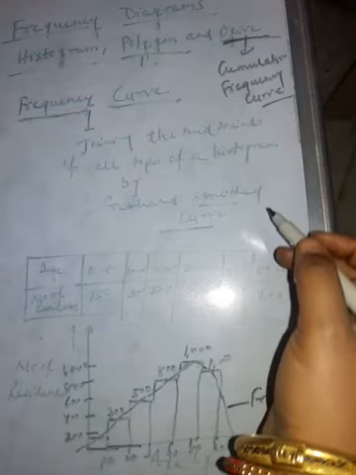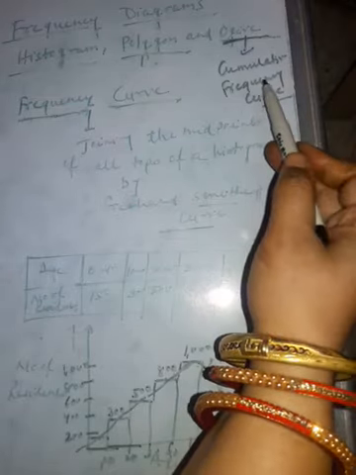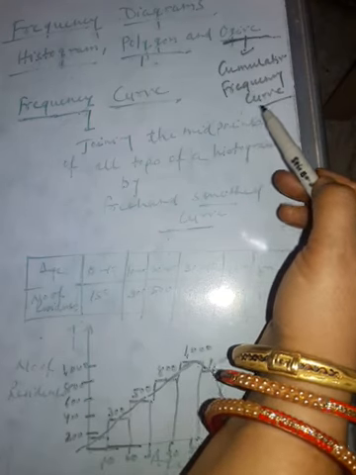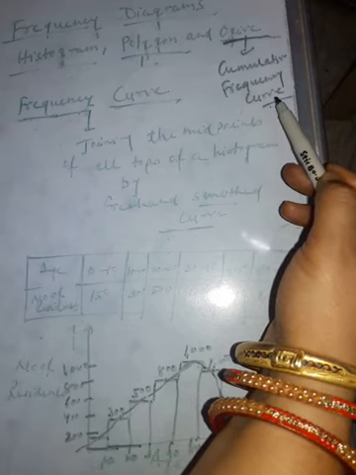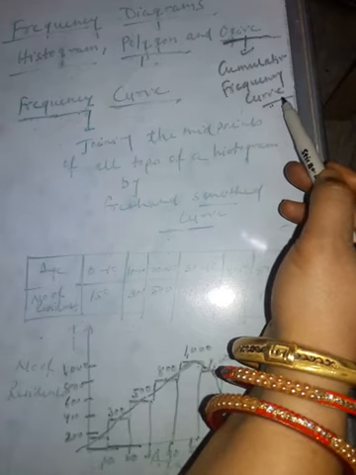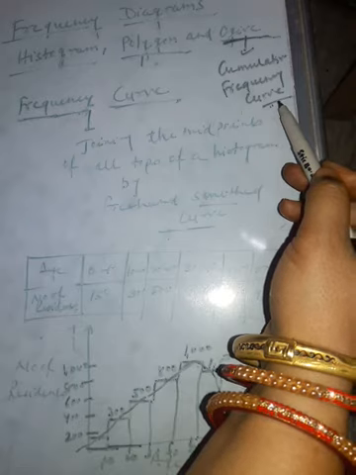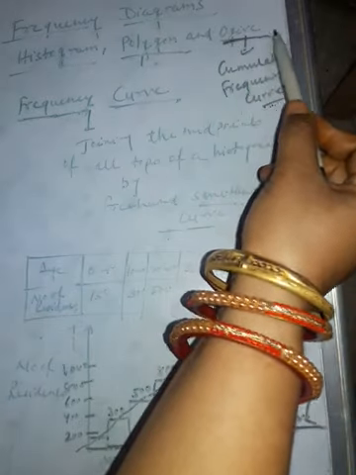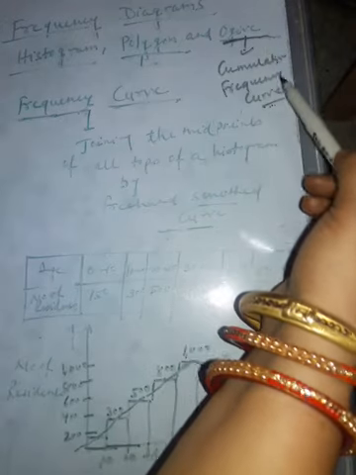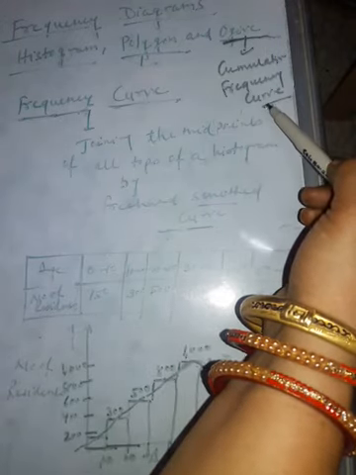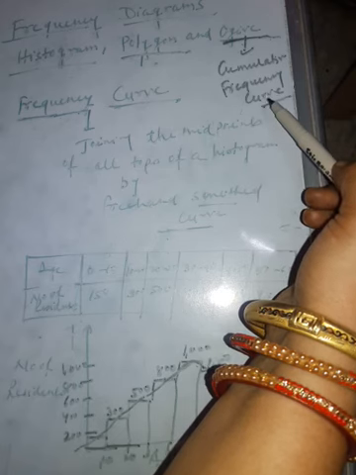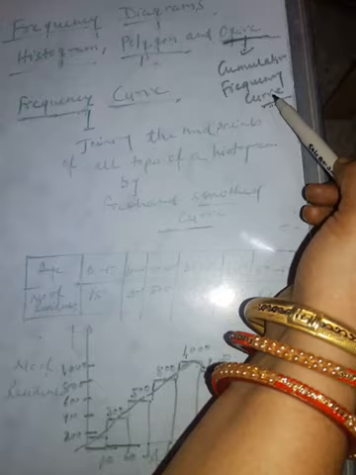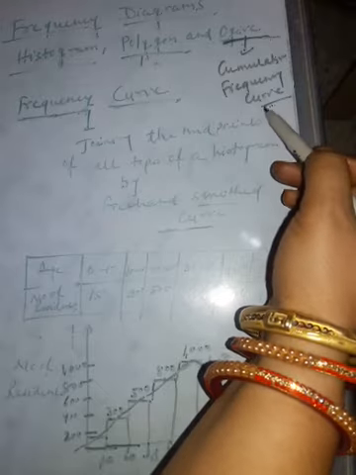A cumulative frequency curve is a curve which is constructed by plotting frequency data on the graph paper in the form of a smooth curve. I repeat the definition of ogive: ogive or cumulative frequency curve is the curve which is constructed by plotting cumulative frequency data on the graph paper in the form of a smooth curve.